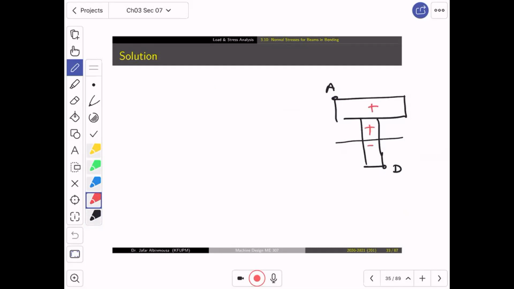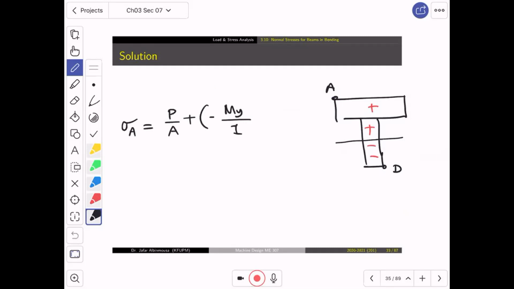This is tension. This is all compression. So, if I want to find sigma A, look, then it is equal to P over A, which is tension, plus or minus My over I.